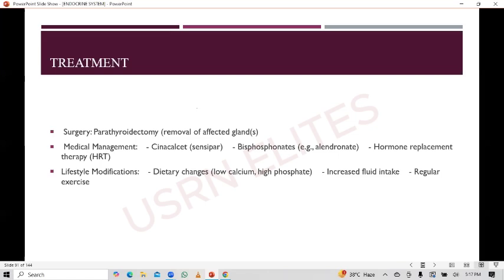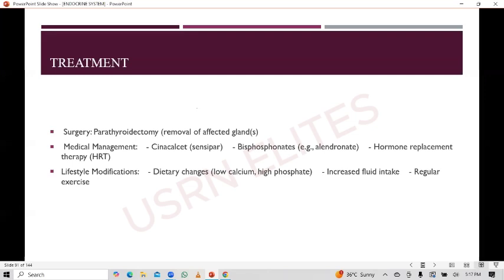Anytime the hormone is not produced enough, the body will try to compensate, and that alone can contribute to hyperparathyroidism. So we can give a replacement of the hormone to correct the condition and prevent future hyperparathyroidism.